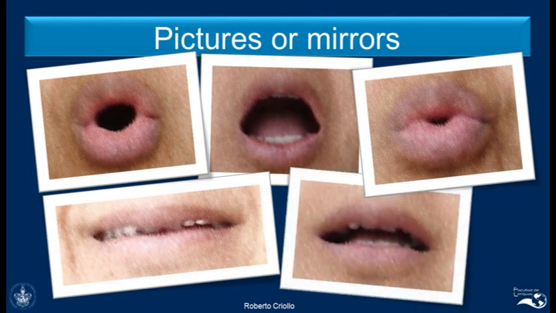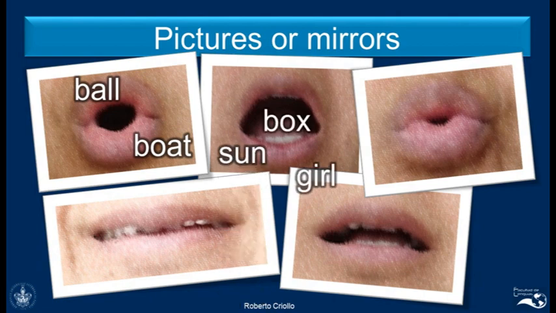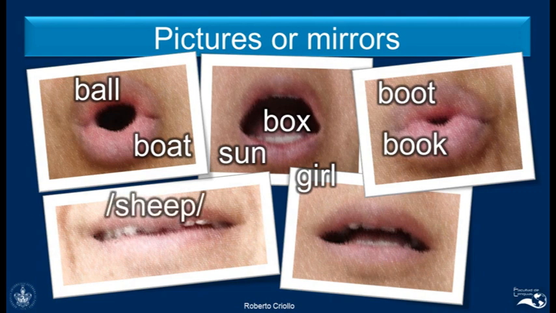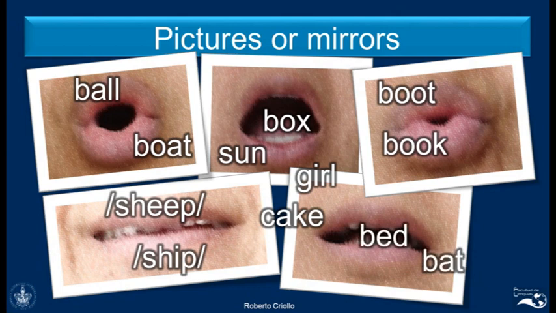So they will find out that some vowel sounds are rounded, such as the ones in ball and boat, that in some cases our mouth is wide open, such as when we pronounce the vowel sounds in the words box or son or girl, that in some cases our lips are pursed, such as when we pronounce the vowel sounds found in the words boot or book, that our lips will be spread when we pronounce words such as sheep or ship, and that also there is some spreading of the lips when we pronounce words such as cake or bed or bat.